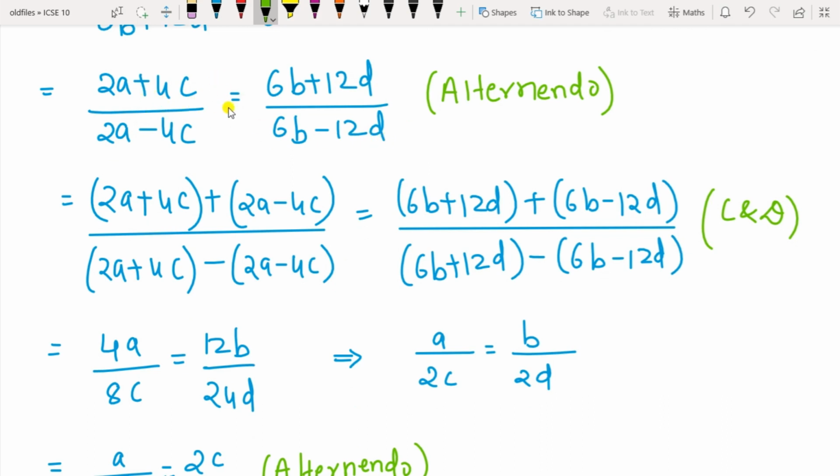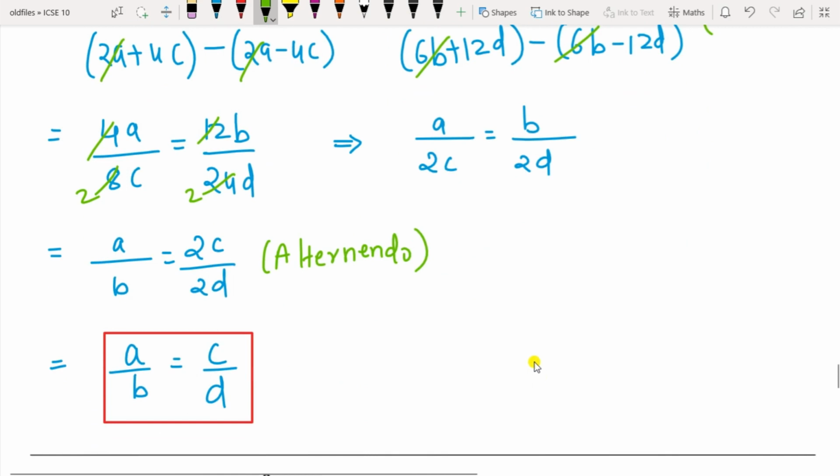Now in this step only you can take out the 2 common or the highest common factor as common and eliminate it, or otherwise you can do it here also. So from this 4c will get cancelled and 2a will get cancelled here. Here 12d and 6b will get cancelled. You have 4a upon 8c equal to 12b upon 24d. So this is 4 1s are 4, 2s are 8, and 12 1s are 12, 2s are 24. Okay. So a upon 2c equal to b upon 2d.